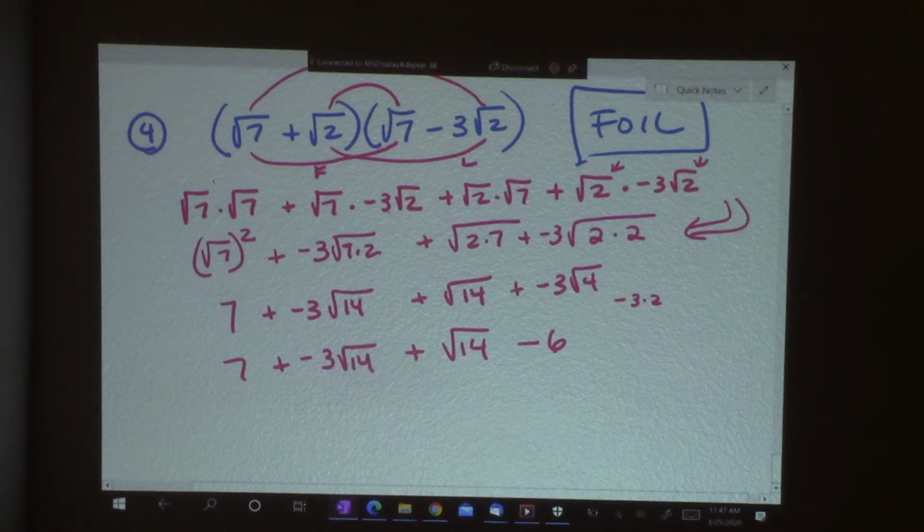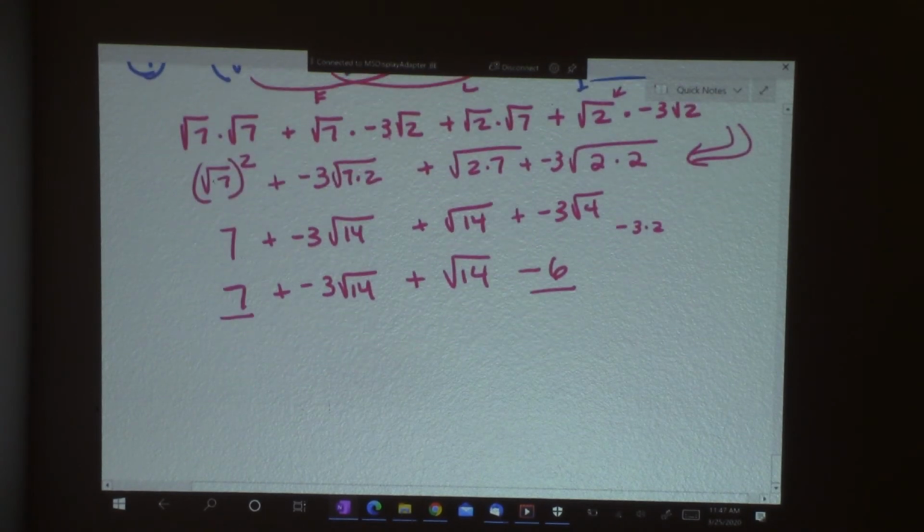Okay, now I have these 4 terms left, and I want to see if I can add anything together. Well, I can. I've got 7 over here, and I have negative 6 over there. So I'm going to combine those. 7 minus 6 is 1. Then I'm going to look at these two, and they both have the square root of 14. So I'm going to add them together.